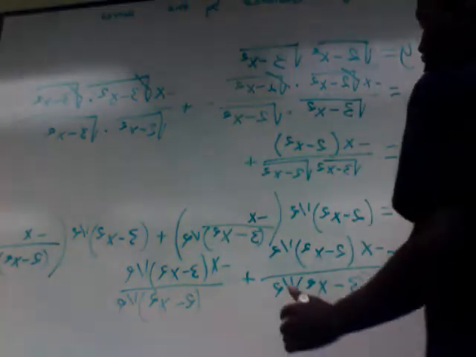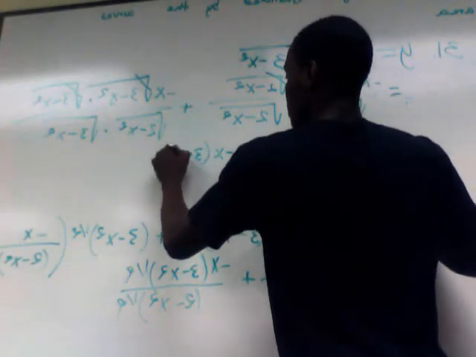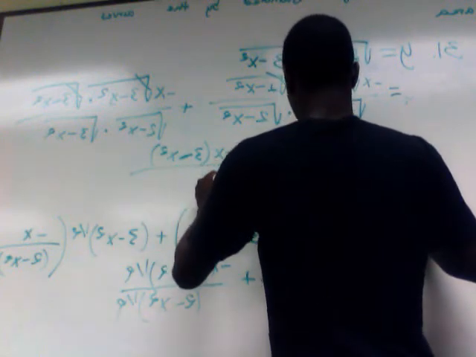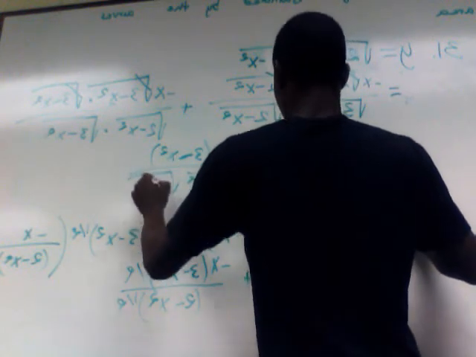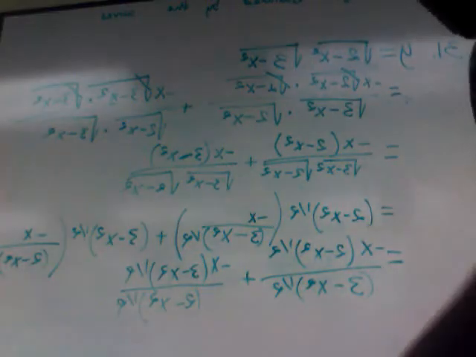The same thing happens there also. So what you're left with is negative x of 3 minus x squared over square root of 3 minus x squared times square root of 2 minus x squared. Right?